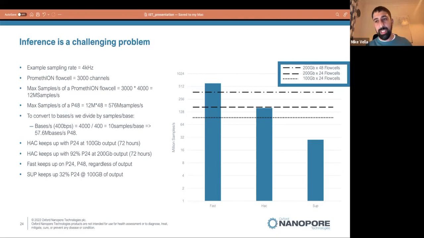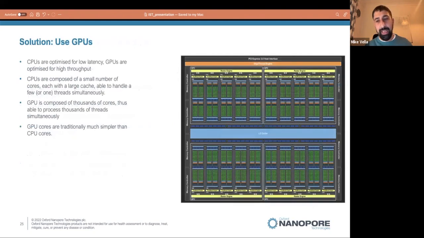So we have to process all of that data using the RNNs I mentioned earlier, in-house, on the GPUs that we provide with an instrument. And it's very fortunate that GPUs exist, because GPUs really have enabled the deep learning revolution. So that's our solution: to use GPUs and to program very efficiently for GPUs.